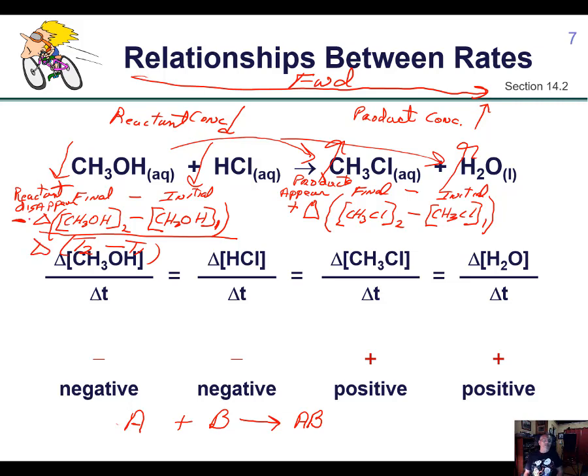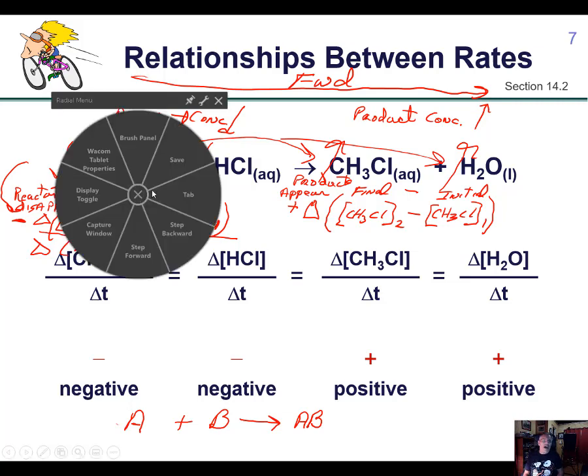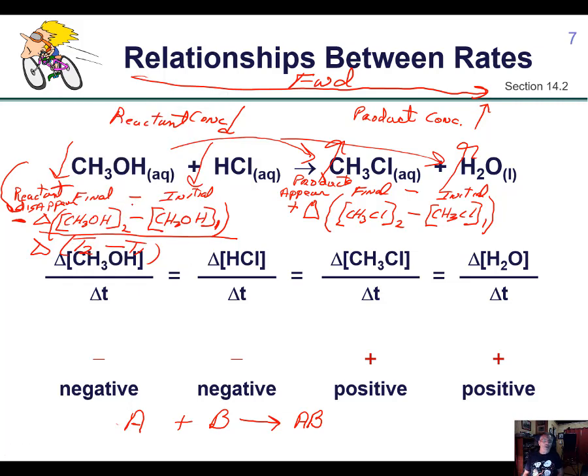Now, for reactants, because they disappear, we have a negative sign. But keep in mind, you have the final concentration, which is a smaller number, minus the initial concentration, which is what you started with, which is going to be larger. So that gives you a negative value, and so what you wind up with is a negative times a negative, which gives you a positive value. And you never express reaction rates as negative values.